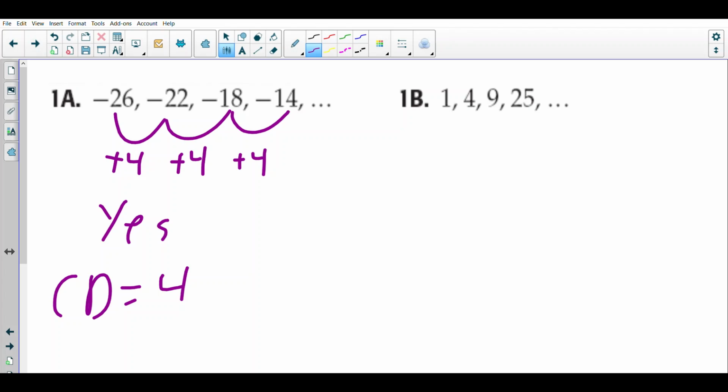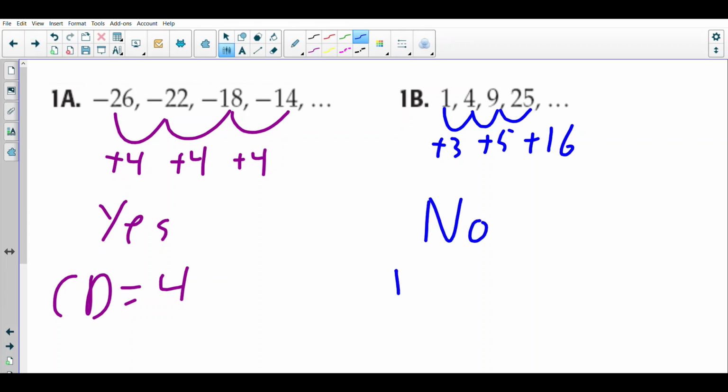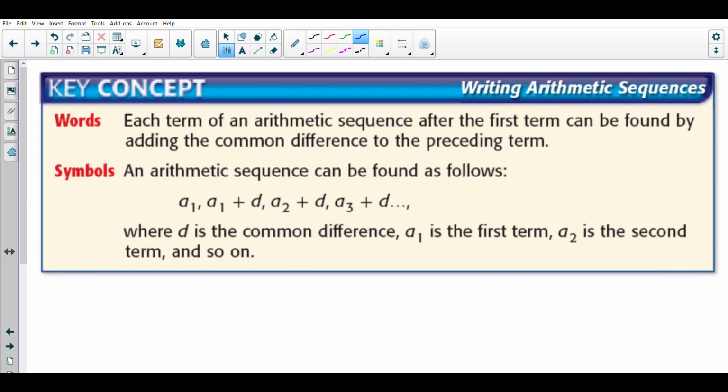The next one, we have plus 3, plus 5, plus 16. It doesn't look like a common difference there, so no, because there's no common difference. So there we go.